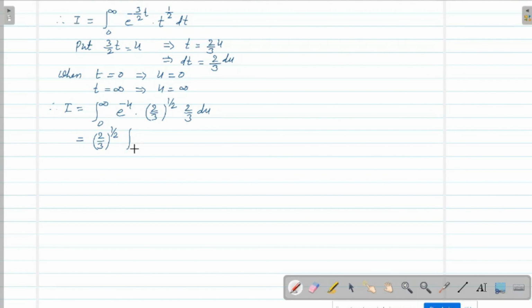Our integral also has 2 by 3, so we take this outside as well. So 2 by 3 into 2 by 3 to the power 1 by 2 I am taking outside, with integration limit 0 to infinity. Here we forgot to write u, so u is also here. Then what is remaining here? e raised to minus u into u raised to 1 by 2 and du. Got it? Yes or no?